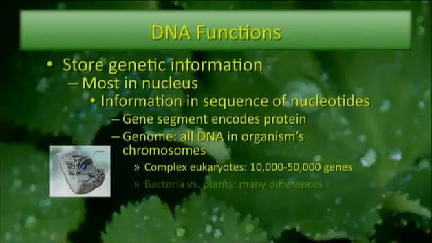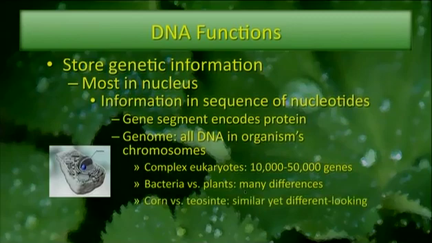So in terms of genes, plants are not that closely related to bacteria. Bacteria and plants are not that closely related, even though every living thing on the planet is related to each other. There are many differences in the genes that bacteria and plants have.